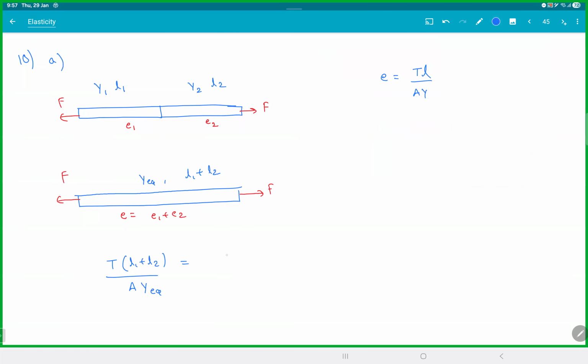And E1 is tension times length L1 by A Y1, E2 is tension times length L2 by A Y2. So (L1 plus L2) by Y equivalent is L1 by Y1 plus L2 by Y2.